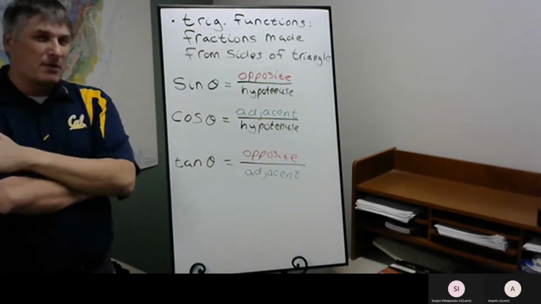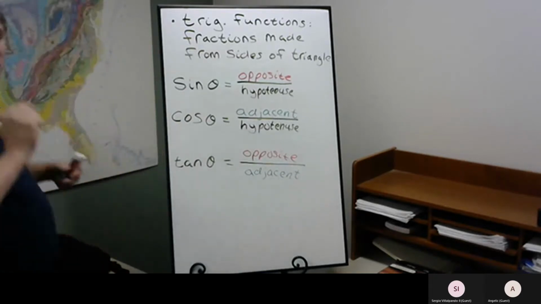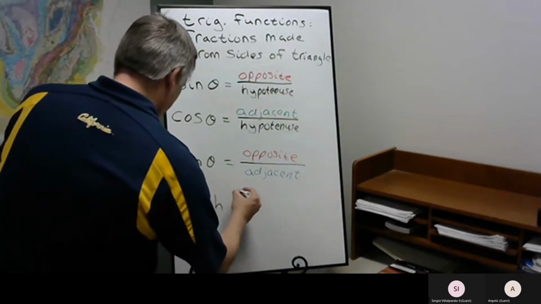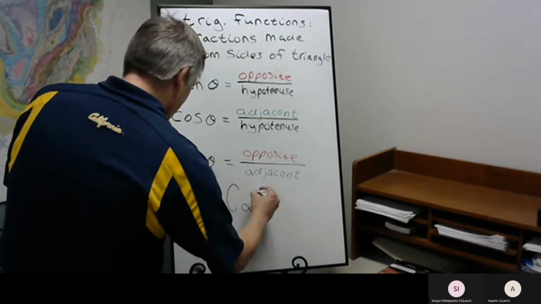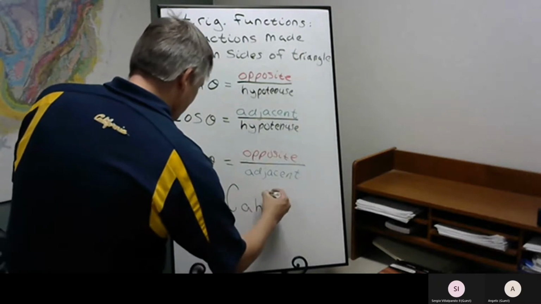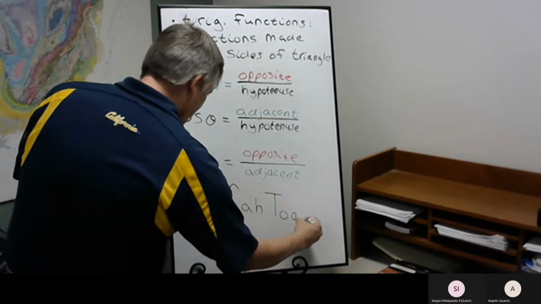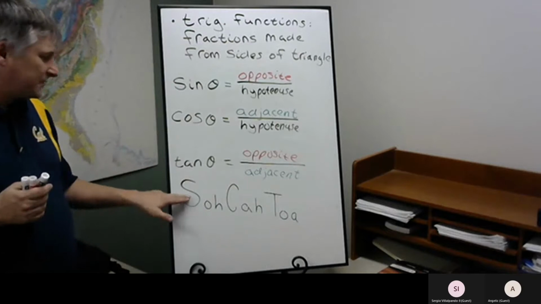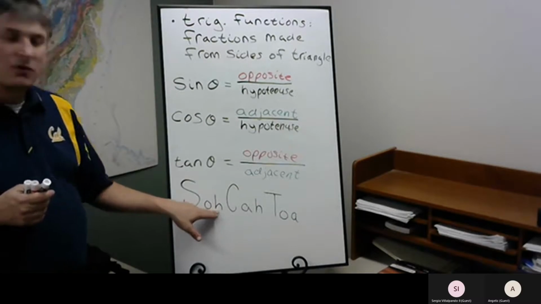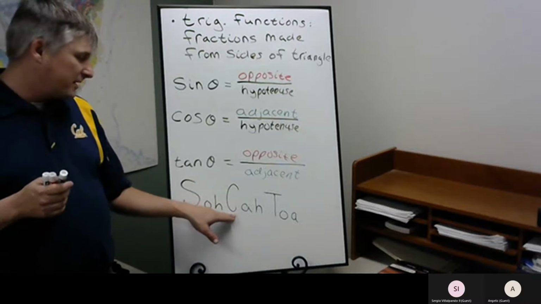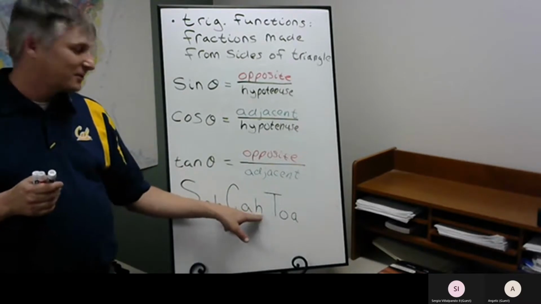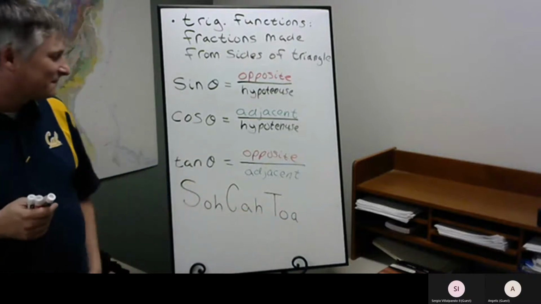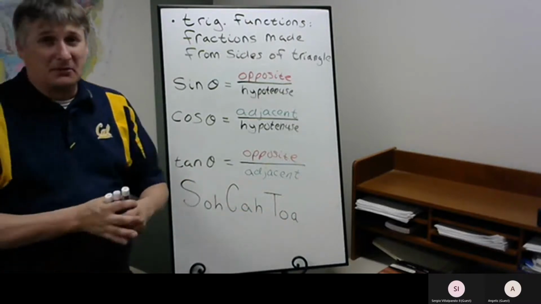There's a mnemonic for remembering these. It's called SOHCAHTOA. What it stands for: sine is opposite over hypotenuse, cosine is adjacent over hypotenuse, and tangent is opposite over adjacent. So it's a little trick for remembering these.